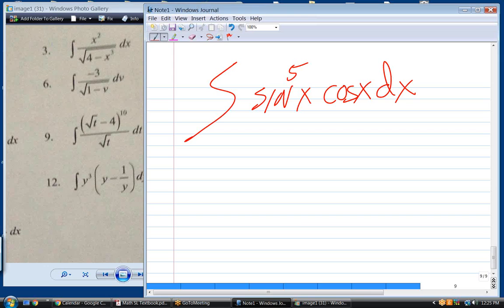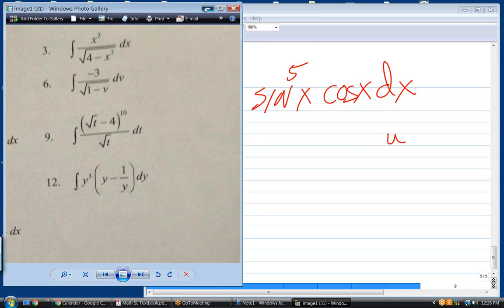Well, what you have to do is recognize an integral as being something. Well, notice that this is a composite function, and that's the derivative of the inside. Whenever you have that situation, it's perfect for U substitution, and let me show you why.